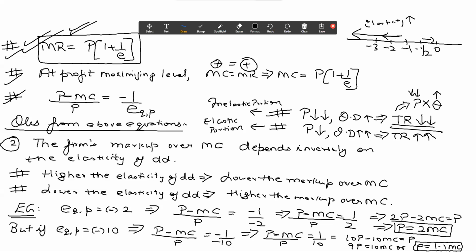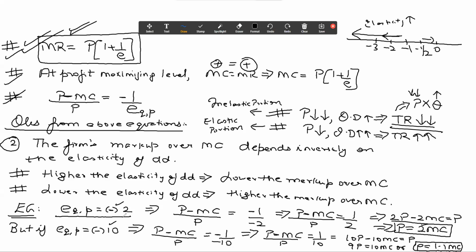So you can see that when my elasticity was -2, price was double the marginal cost. But as my elasticity has gone up from -2 to -10, ignore the minus, look at the absolute value.